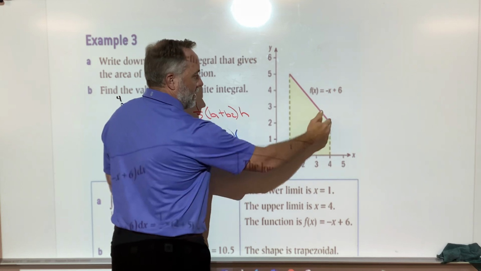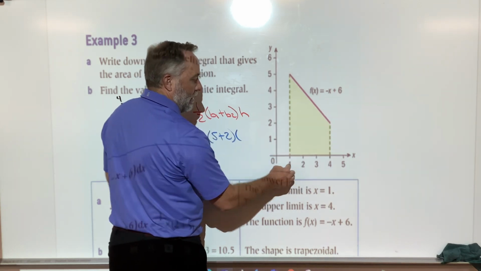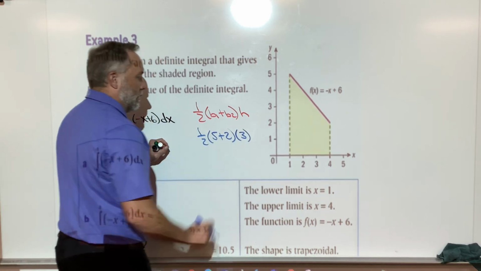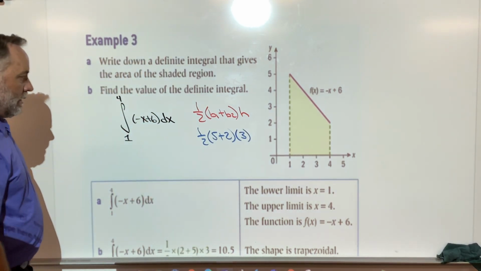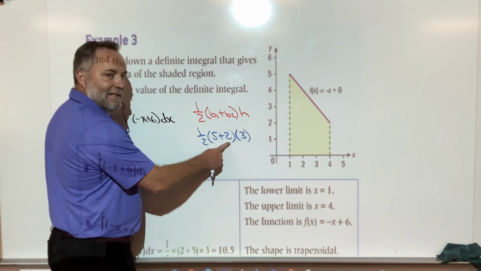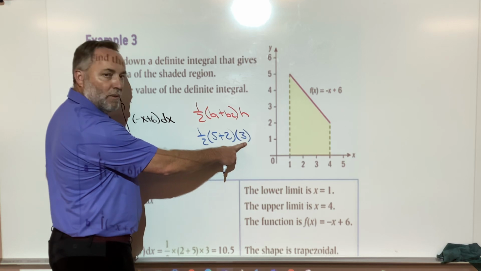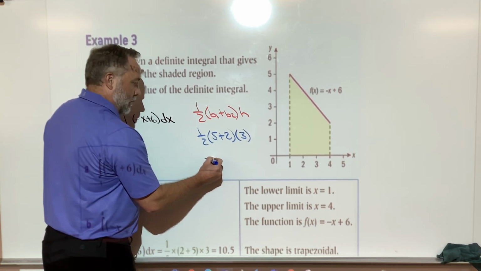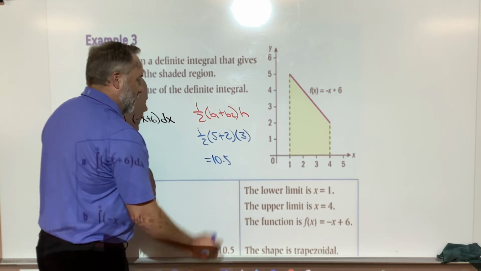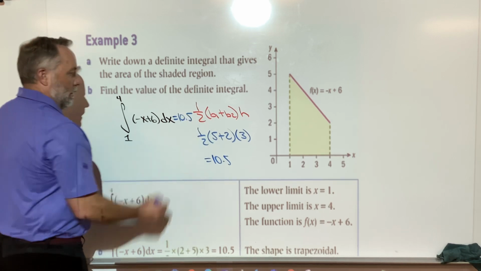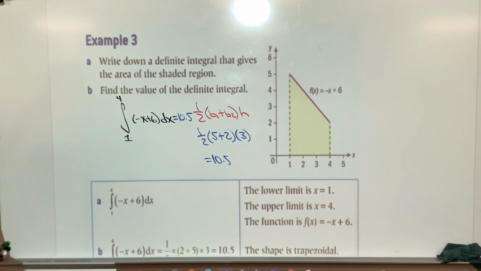We said this was a base, this is a base, so the height is right here. It's from 1 to 4, so that is 3 units there. You could do this in a couple ways. You could say 5 plus 2 is 7, 7 times 3 is 21, 21 times 1/2 is equal to 10.5. So the area under this curve would be equal to 10.5.